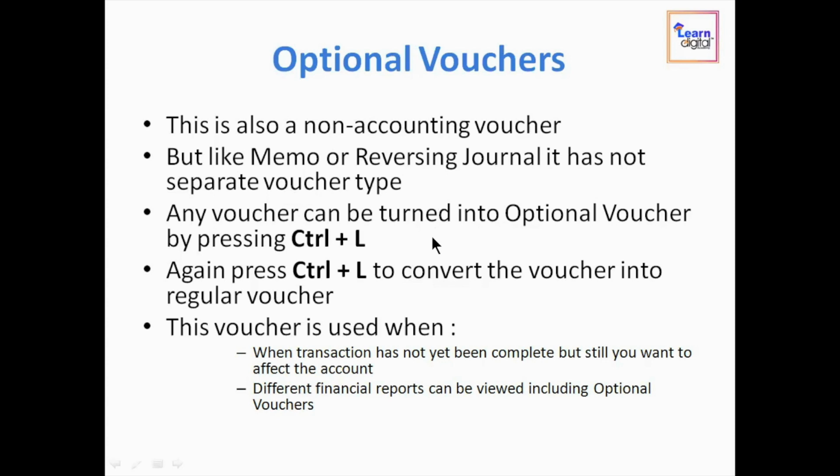Any voucher can be turned into an optional voucher by pressing Ctrl L. Again, press Ctrl L to convert that optional voucher into a non-optional, that is, a regular voucher.